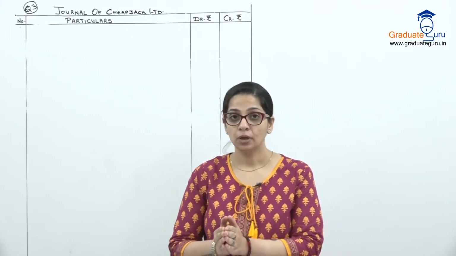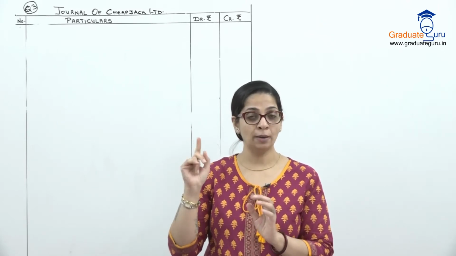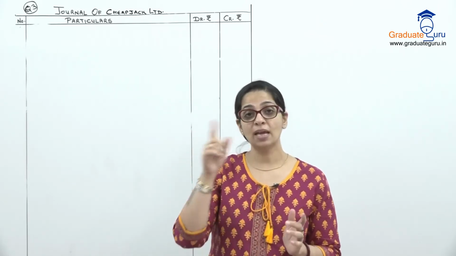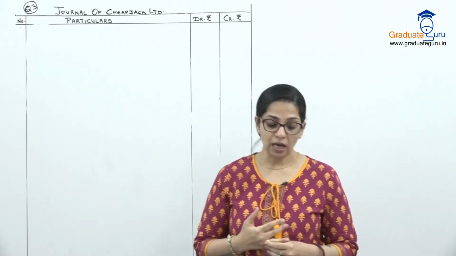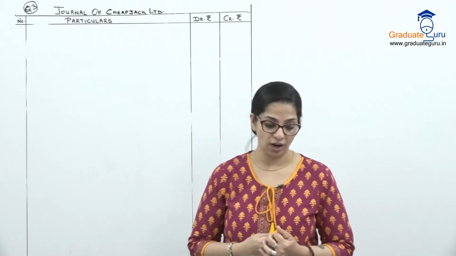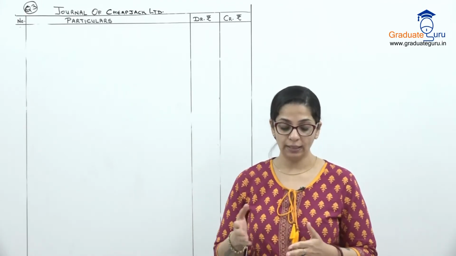Only 80. So it should strike a bell that we have to make the shares fully paid up first. And 36,000 8% preference shares of 10 each fully paid up.